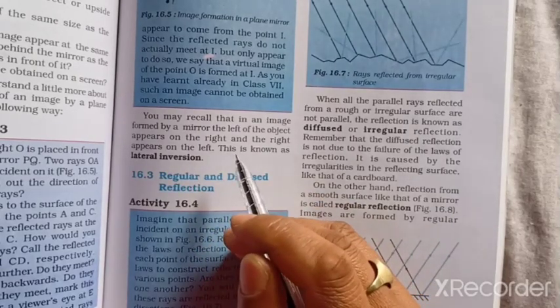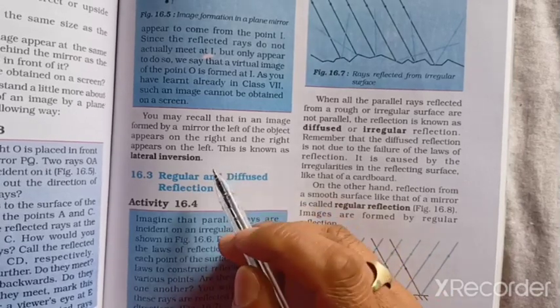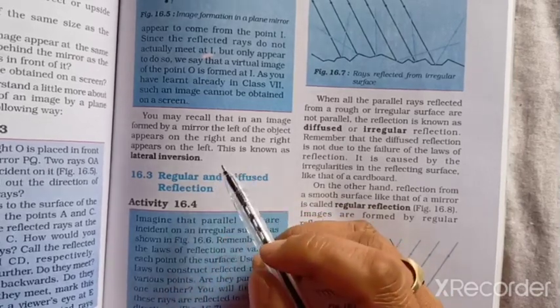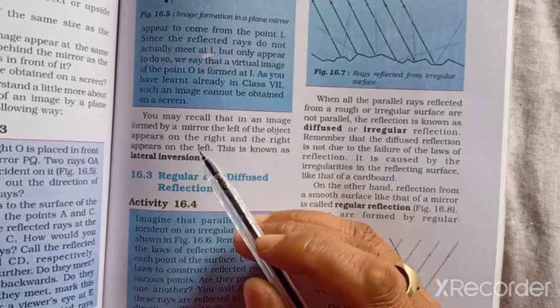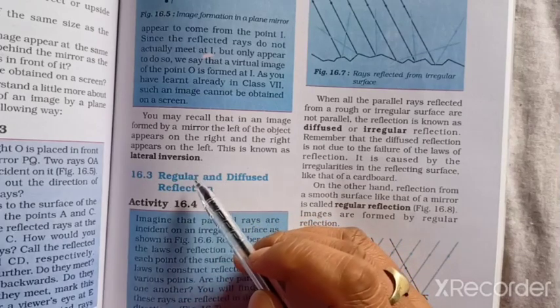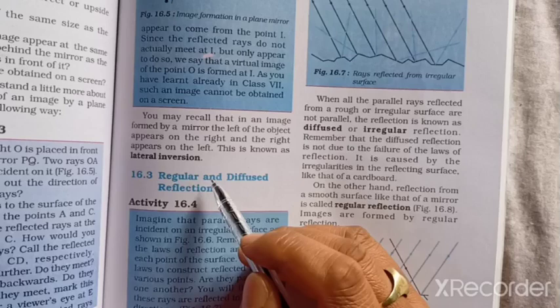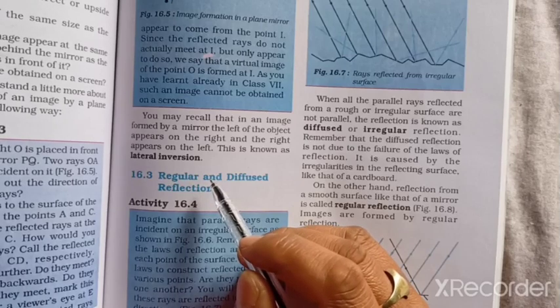That means the right side of the object will appear as the left side in the image. That phenomenon is called lateral inversion. So there are some characteristics of the image formed by a plane mirror.